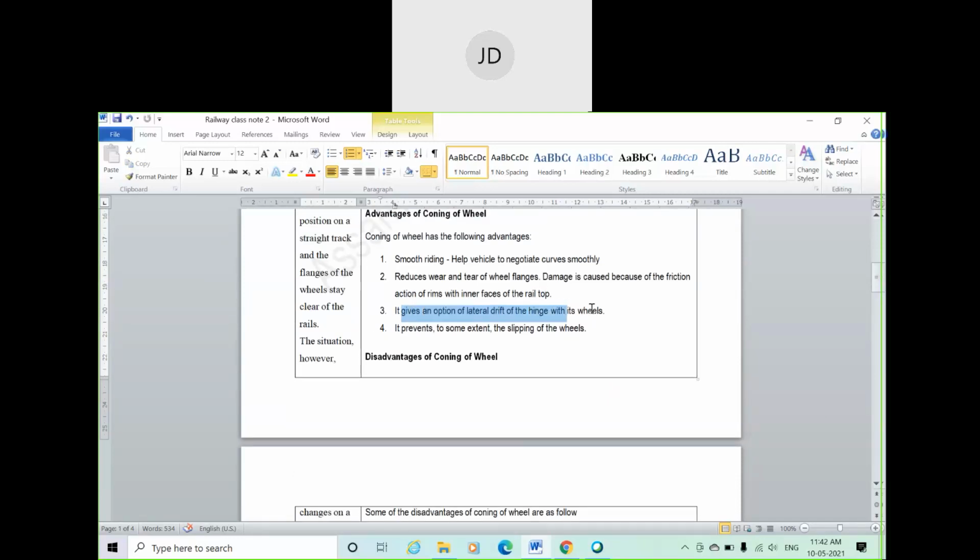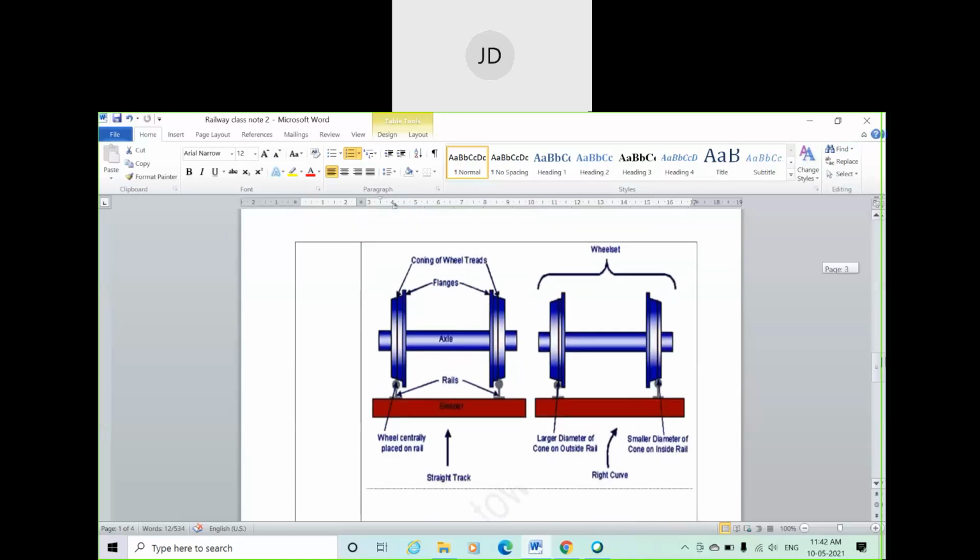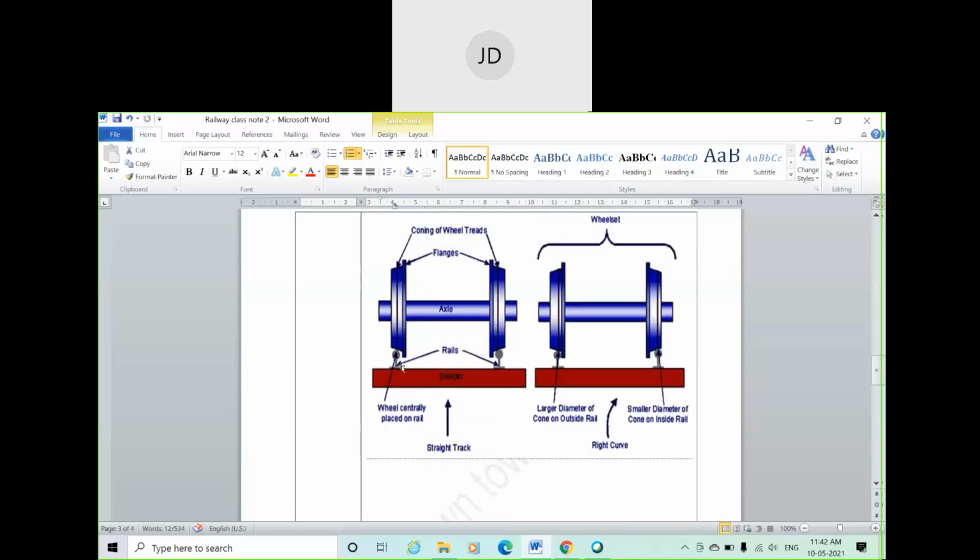It gives an option of lateral drift of the axle with the wheel. That means you can see the gap between the flanks and the point of contact. It will always give some gap, maybe 1 millimeter or some centimeters, between the point of contact and the flanks.